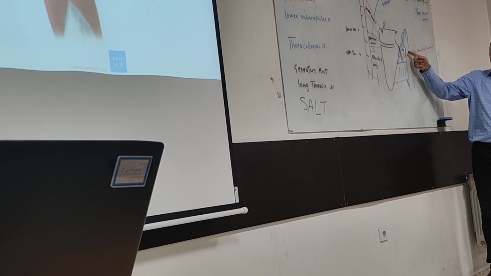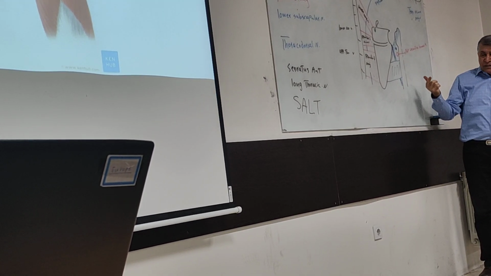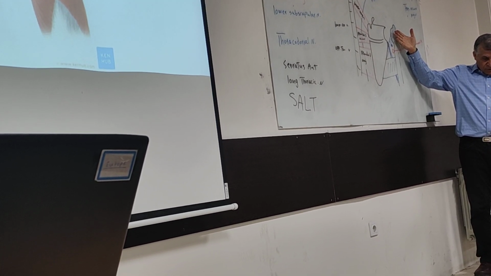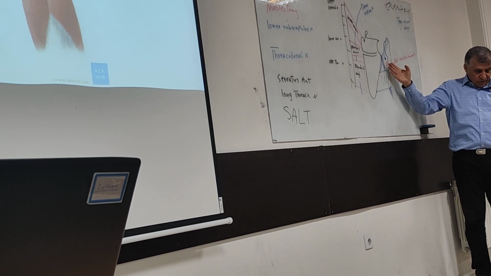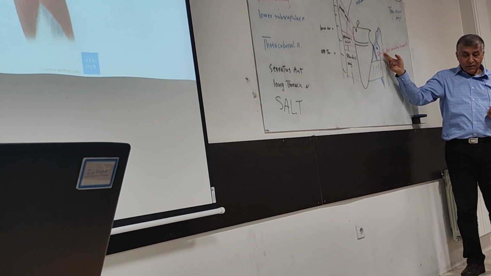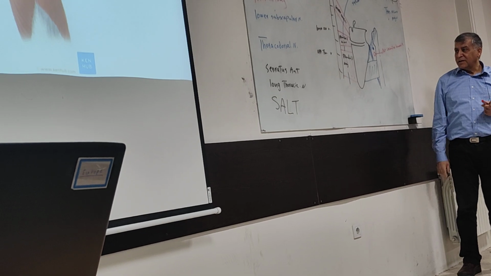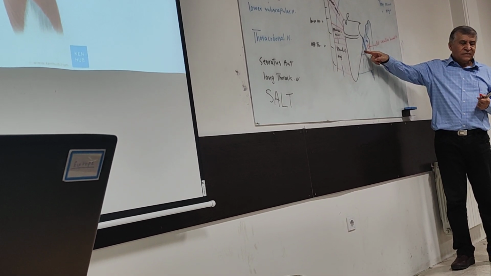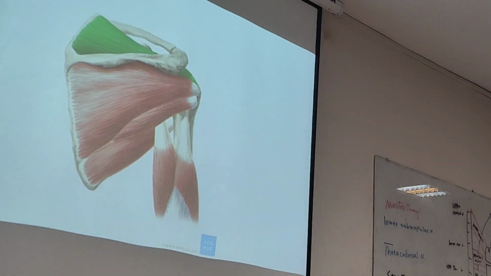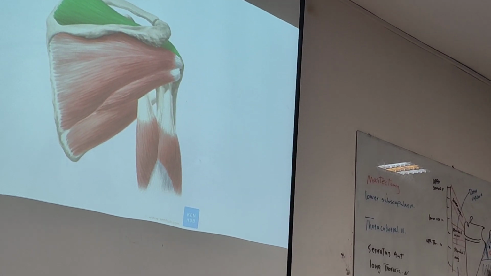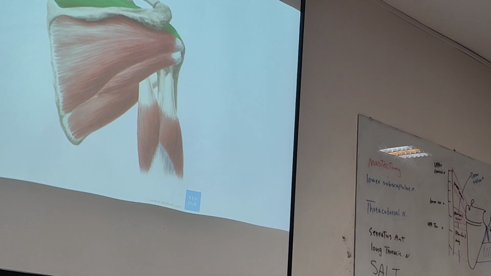This space is the quadrangular space. It's bounded by teres minor, teres major, and the surgical neck. The triangular space is bounded superiorly by teres minor, inferiorly by teres major, and laterally by triceps.